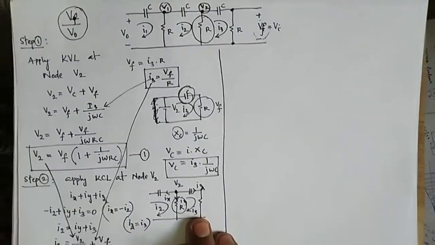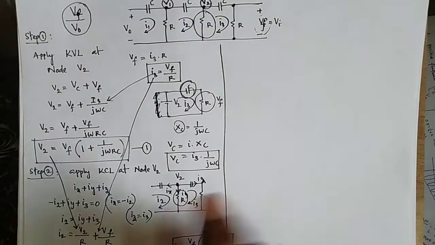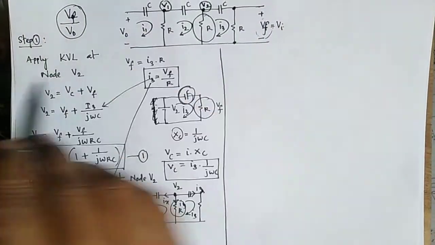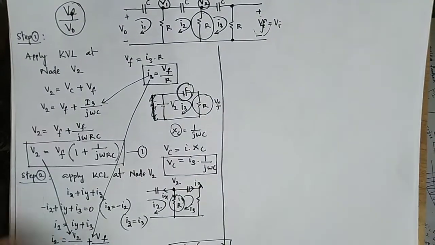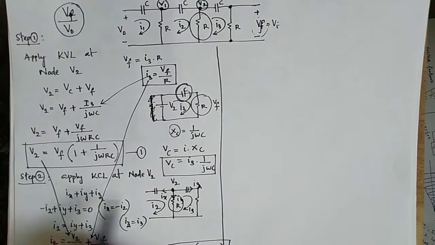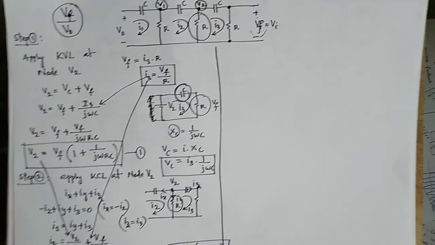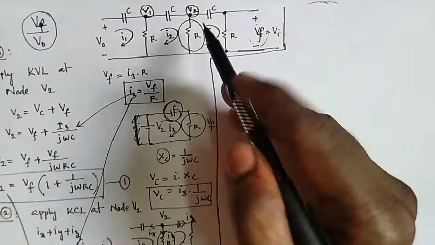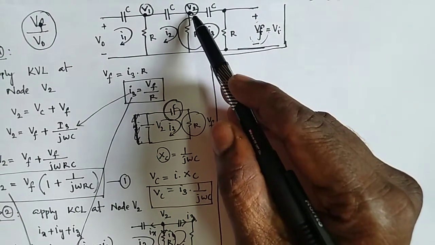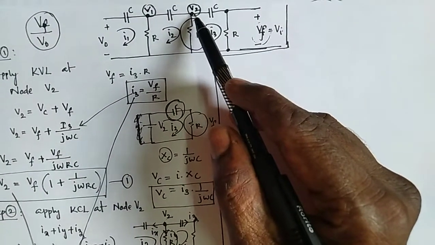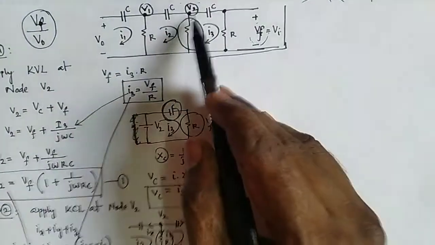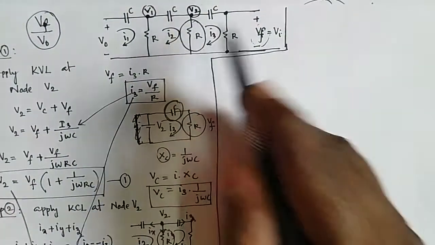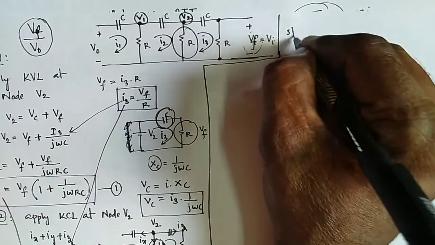Now similarly we have to calculate V1. At node V1, similarly you have to apply KVL at V1 and KCL at V1. So far we have discussed everything at V2: apply KVL at V2, apply KCL at V2. Now similarly, that is step 3.